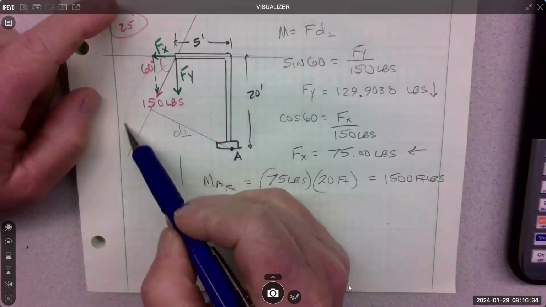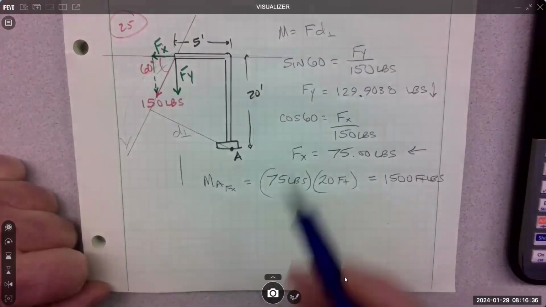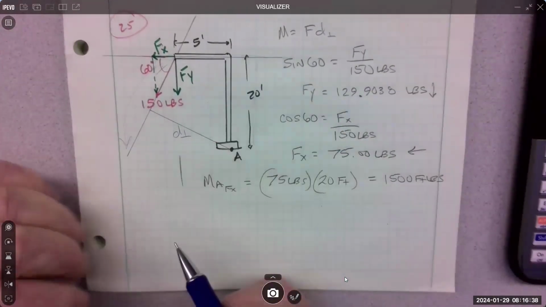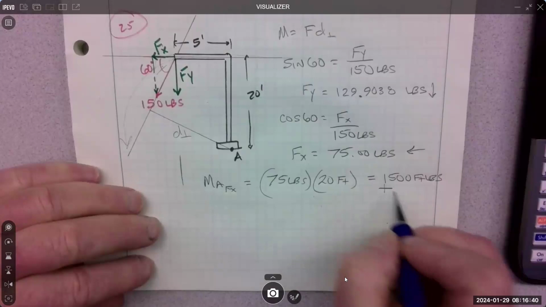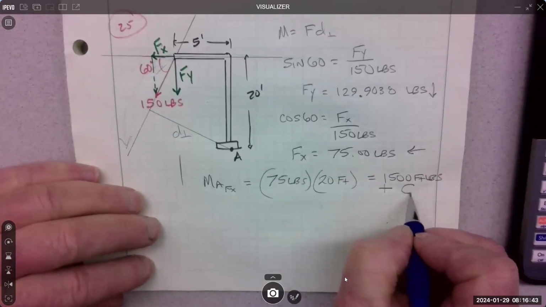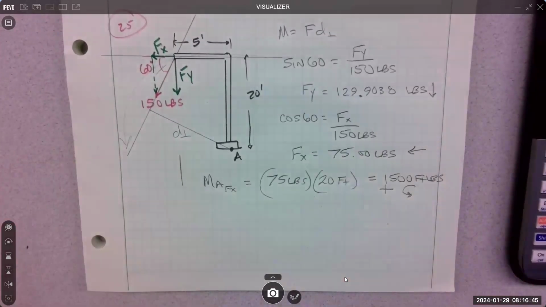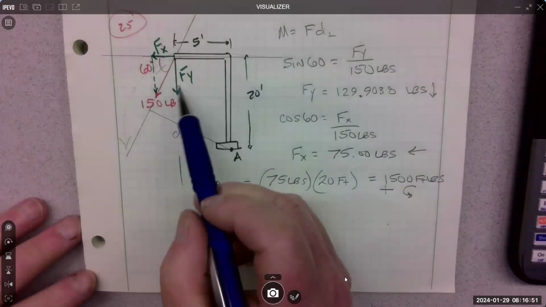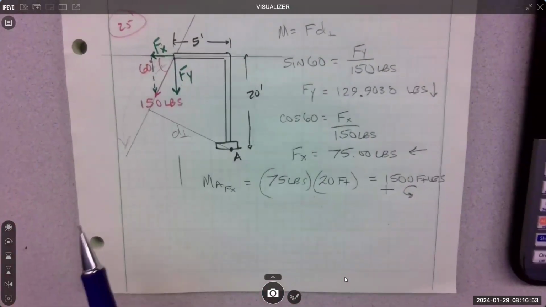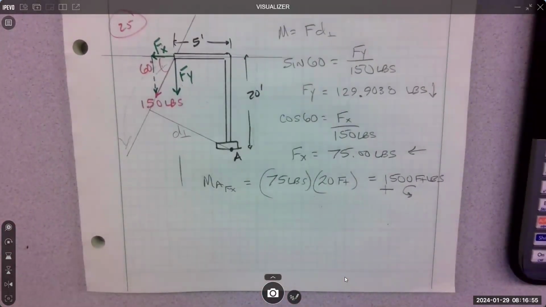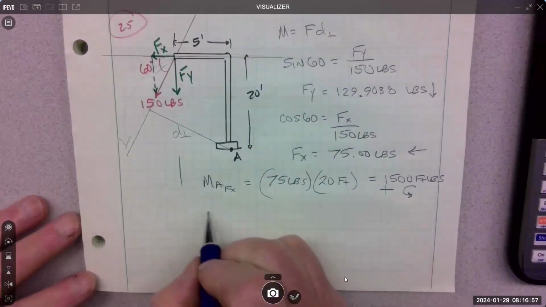Yeah, it's gonna go like that. Counterclockwise. So that is positive. We need those directions. Because we're gonna add these moments up. If you have multiple vectors, doing individual moments, you gotta add them up.